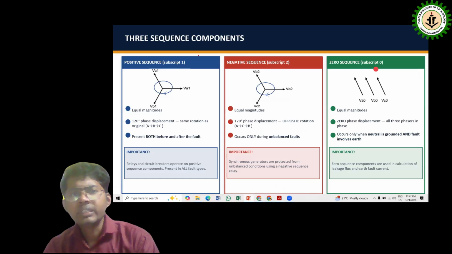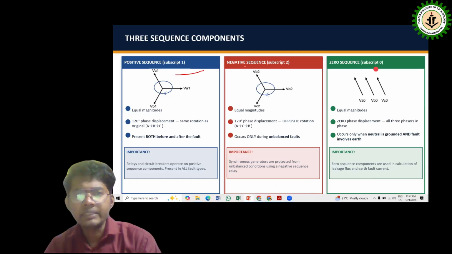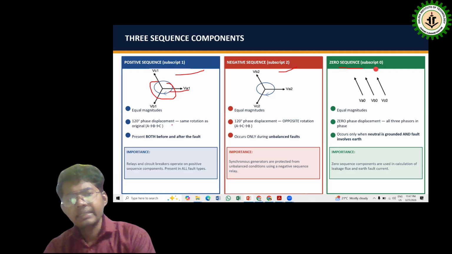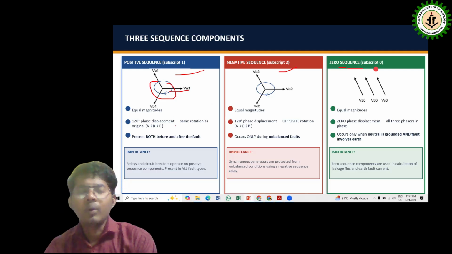Next, the three sequence components, the positive, negative, and zero sequence. What is the positive sequence? Here you see that the positive sequence is the clockwise sequence, clockwise ABC, and the sequence is the same as the original phasor.